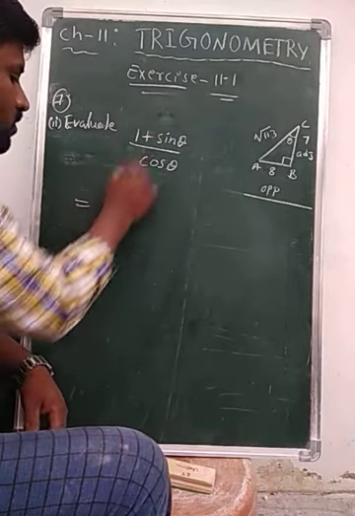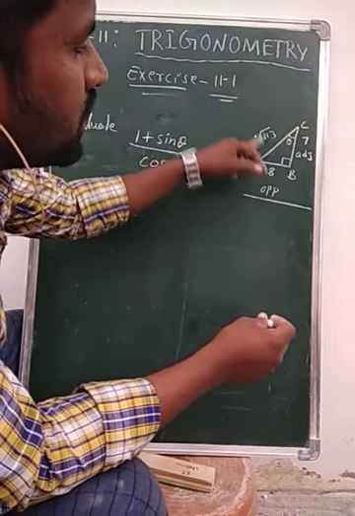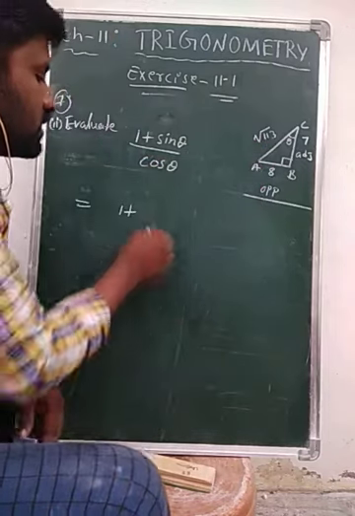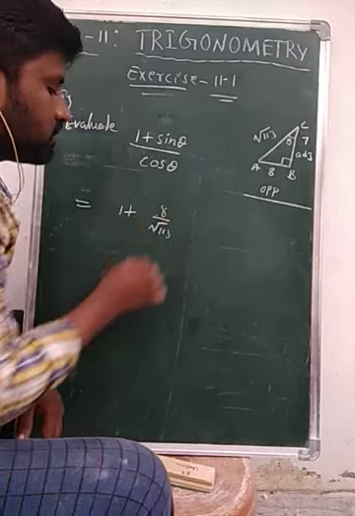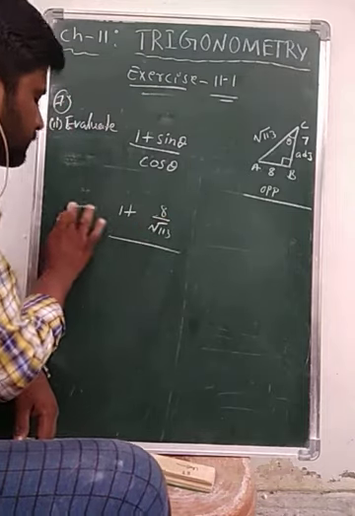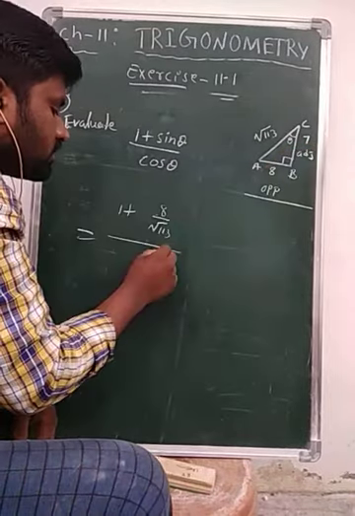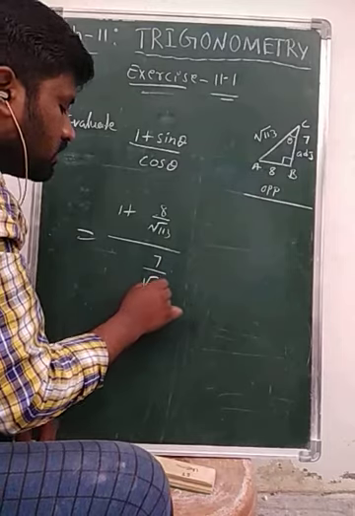We know that sin means what? Opposite by hypotenuse. The length of the opposite by the length of the hypotenuse, that is 8 by root 113, by cos theta, that is the length of the adjacent side, 7 by hypotenuse root 113.